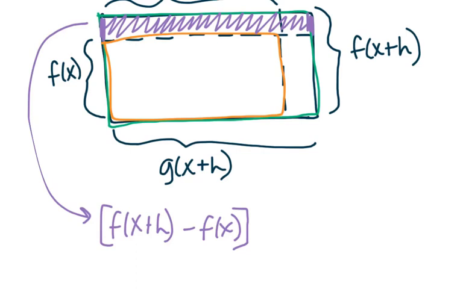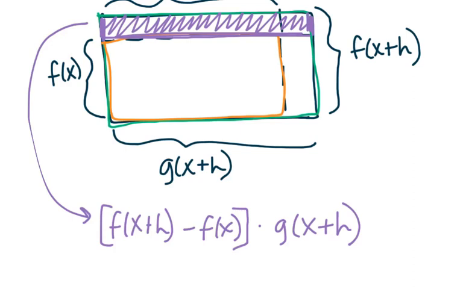And the other dimension going across here is this entire length, which is represented as g of x plus h. So the base times height can be represented in this way. So that's that part.